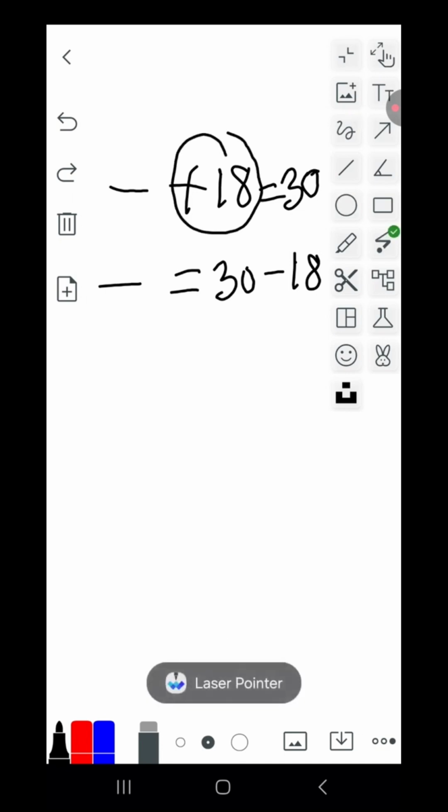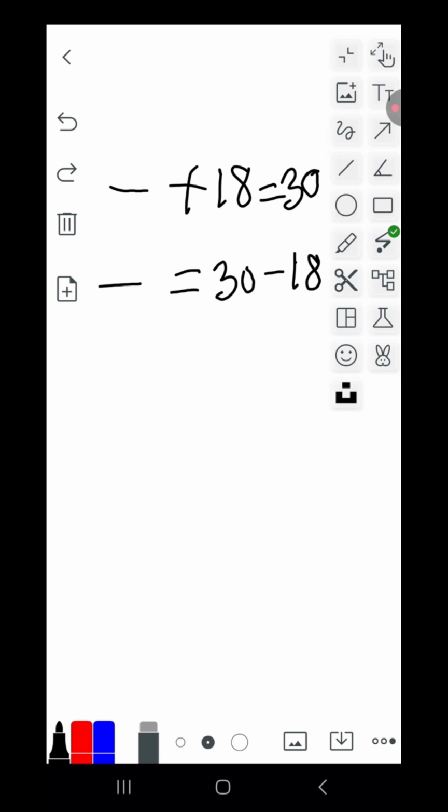Coming over, it has to come with its addition sign and go across the equal sign. When it comes, it's got to turn to a negative number. If you put it here, you're going to have something like 18 minus 30. Let's try that out.